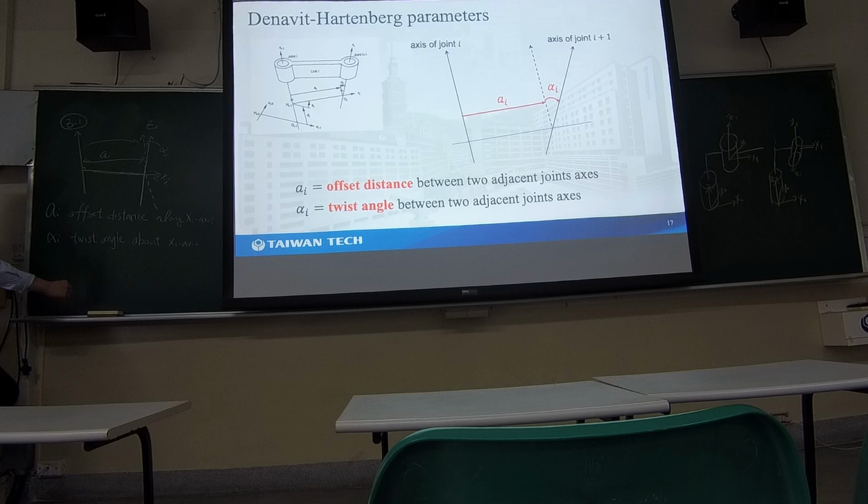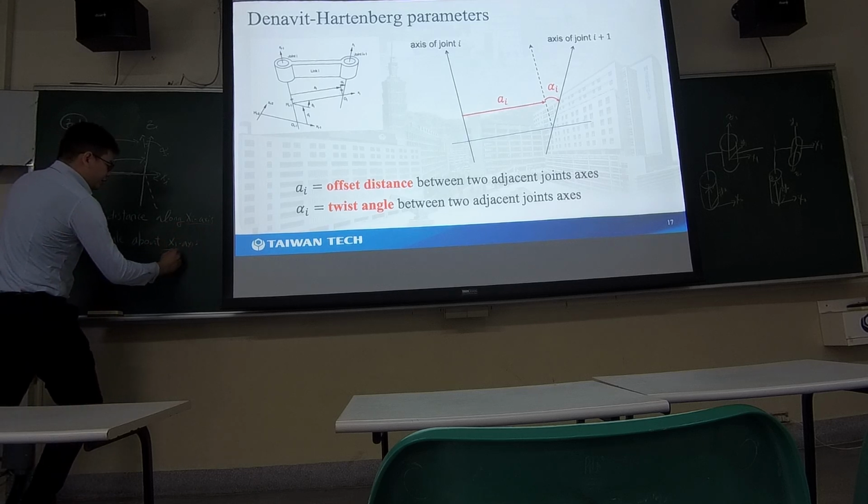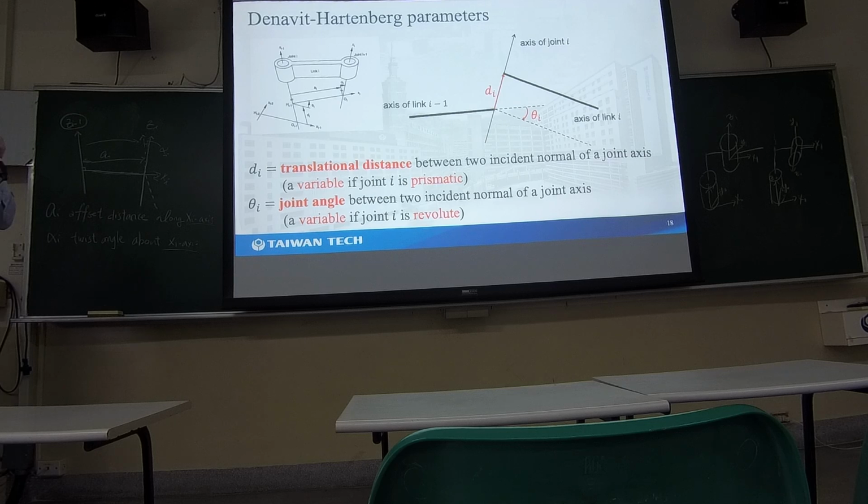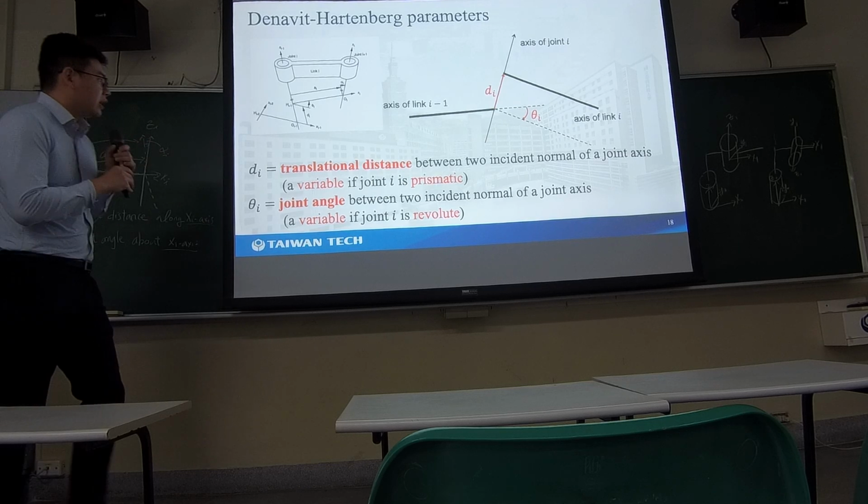The main thing you need to remember is this axis. That's how you calculate the distance and the rotation angle. Are you clear about the definition of a and alpha? Then we move to d and theta.